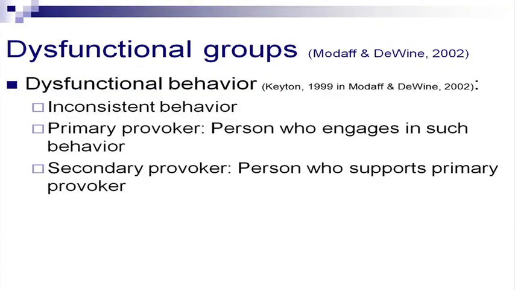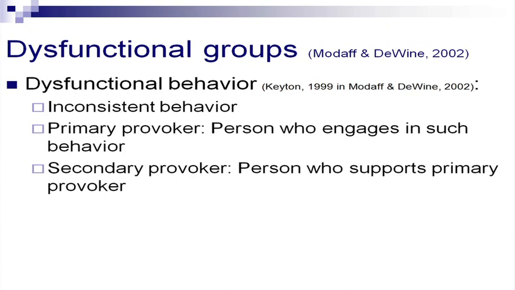Now we come to dysfunctional groups. We've been talking about effective groups all this while, but we have groups that become dysfunctional, and some examples of dysfunctional behavior are inconsistent behavior, which is things that are not really in line with whatever is going on. So people flying off the handle, people being unpredictable.